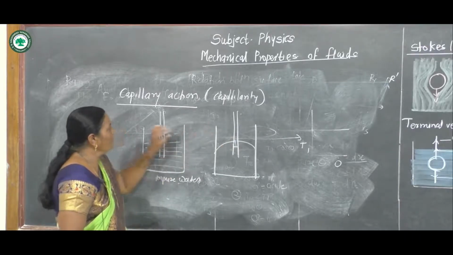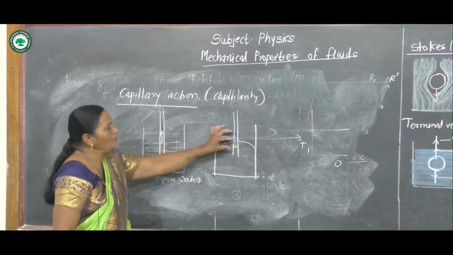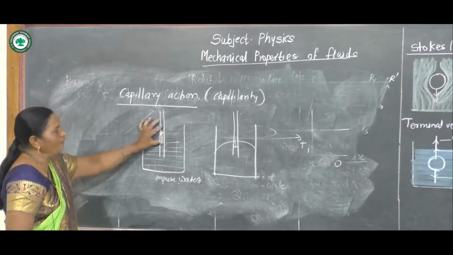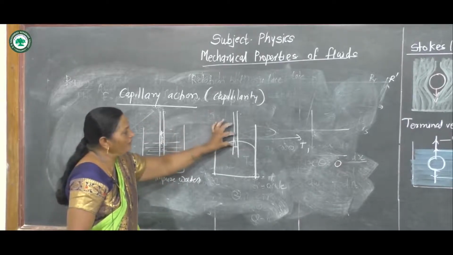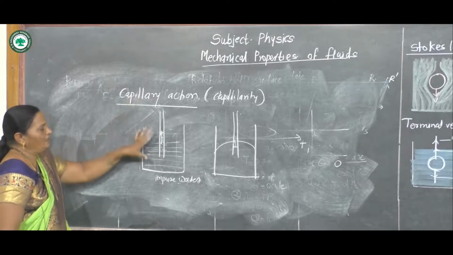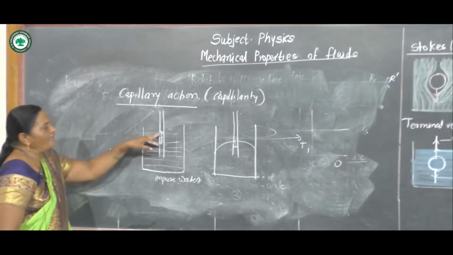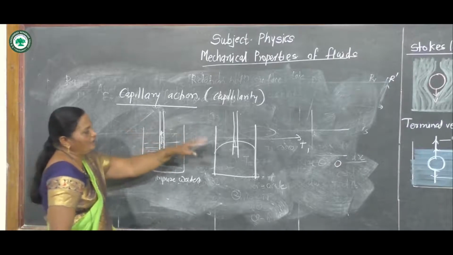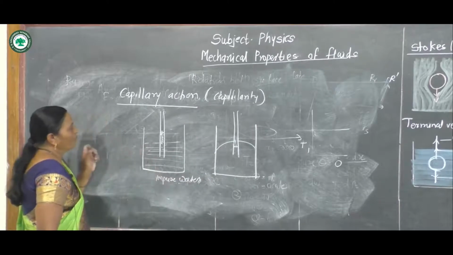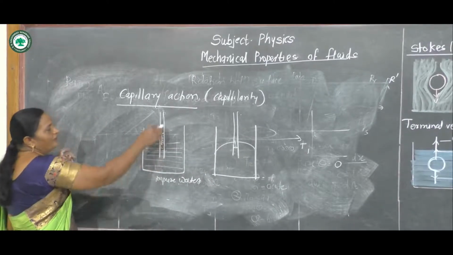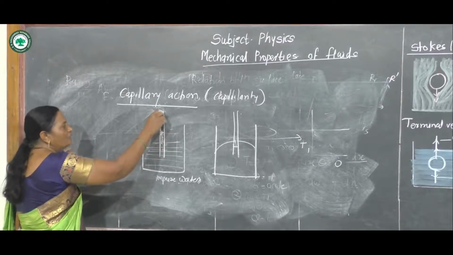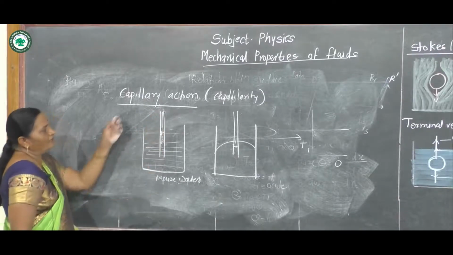In both cases, the liquid level rises or drops. In case of water, there is a rise of liquid in the capillary; in case of mercury, there is a fall of liquid level. Now, what is the capillary? This is a glass tube having a very small, fine bore. It is called a capillary.